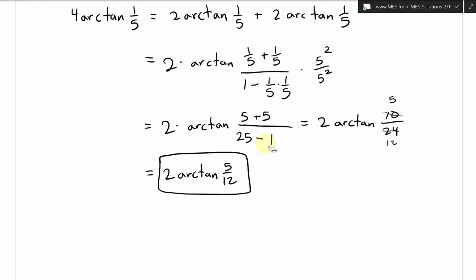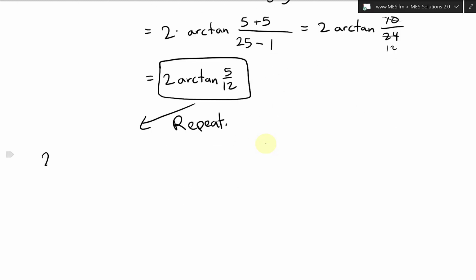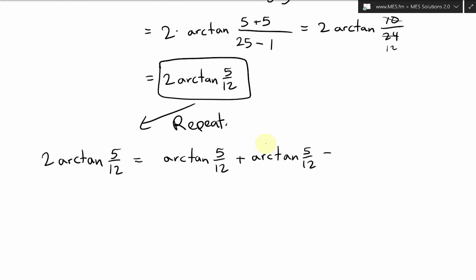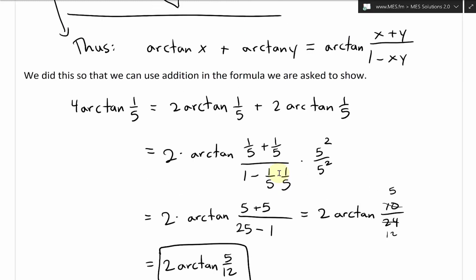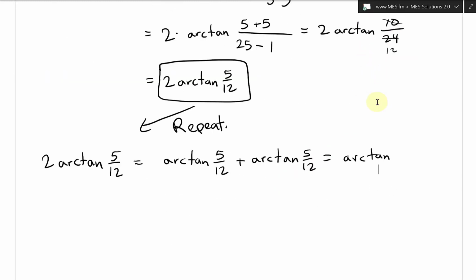So repeat, like this. Repeat the same setup, using the same identity, so we can use the same addition one. And we're going to get 2 arctan of 5 over 12 is equal to arctan of 5 over 12 plus arctan of 5 over 12, which equals arctan of x plus y, then divided by 1 minus xy.